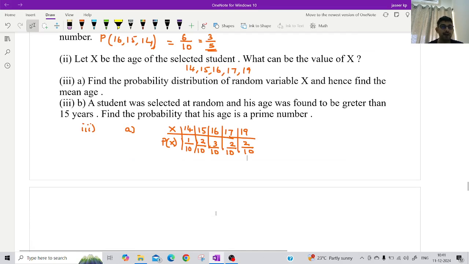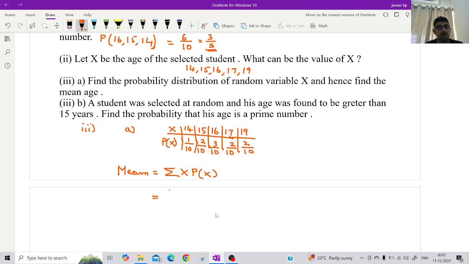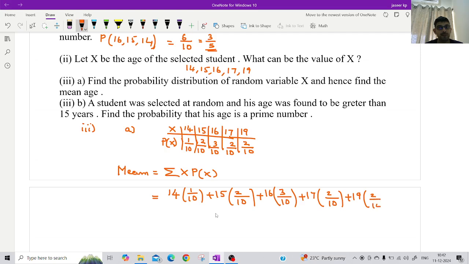It is asking to find the mean also. So the mean is sigma x into p of x. When we multiply the corresponding value of x with its probability, we will get the answer. So 14 into 1 by 10 plus 15 into 2 by 10 plus 16 into 3 by 10 plus 17 into 2 by 10 plus 19 into 2 by 10.